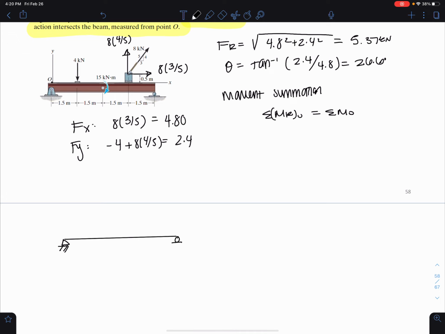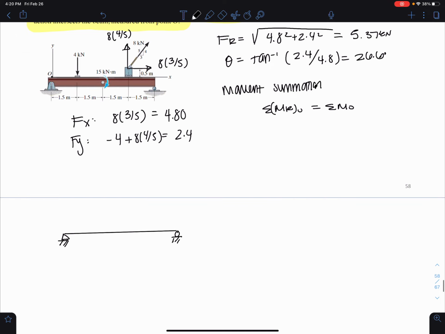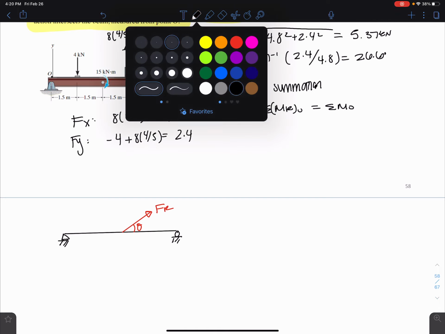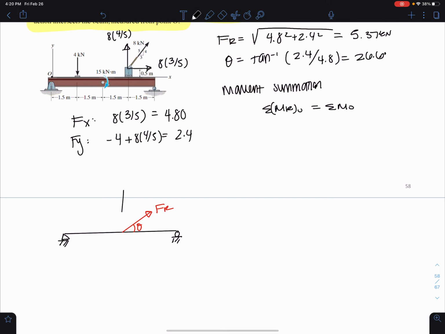So this is my beam here, simply supported beam. And basically now I know that my resultant acts somewhere at an angle of theta. But what I want to know now is, where does this resultant act, at what point along the beam measured from point O?